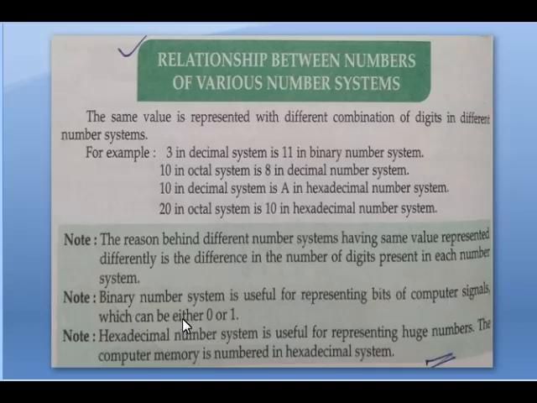Hexadecimal number system is useful for representing huge numbers. The computer memory is numbered in hexadecimal system. Okay, so this is a note on the relationship between the numbers of various number systems.